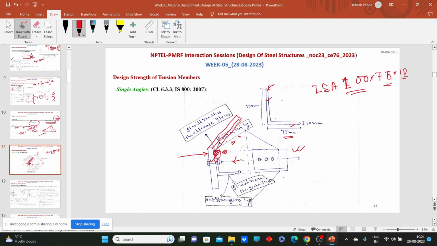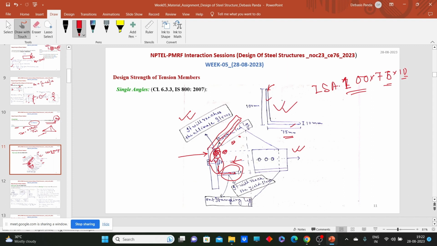First, this connected leg will reach the ultimate stress. But this outstanding leg, what is happening here? No direct load is applied. So first the stress will transfer to this leg, then from this leg to the outstanding leg by some local stress transfer phenomenon. So within one cross section, we have different stress concentrations.